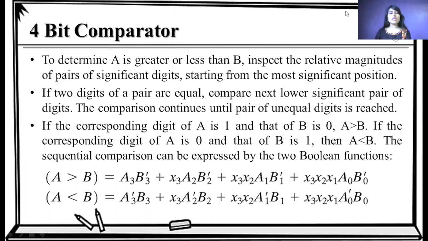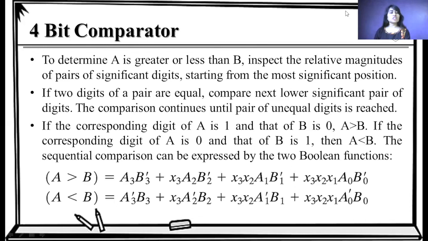A is 4-bit and B is 4-bit, so we have a total of 8 bits as input, and for 8 bits we have 2 raised to 8, that means a total of 256 combinations. So we can't make a K-map and truth table for 256 combinations. Here we can express this logical function by the 2-bit and 1-bit comparator.